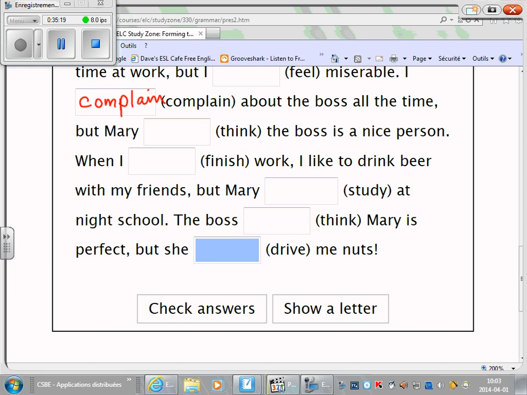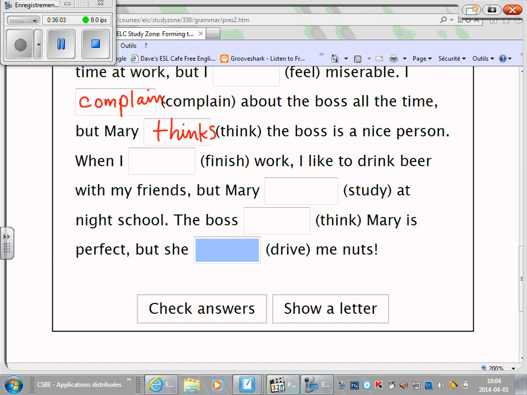But Mary, she thinks the boss is a nice person. Why do we need a simple present here again? The first one, complain, it's a habit for him to complain. And he compares himself to her. So I complain about the boss all the time, because of all the time, you know, it's a habit. But Mary thinks the boss is a nice person. So for her also it's a habit. Okay, for her it's a truth. It's a fact. The boss is a nice person.